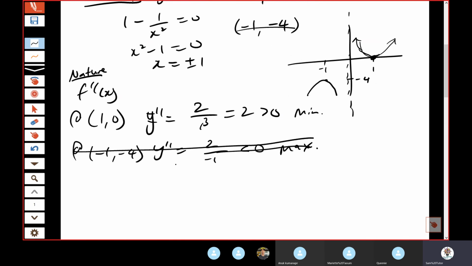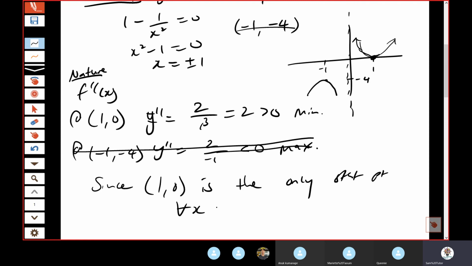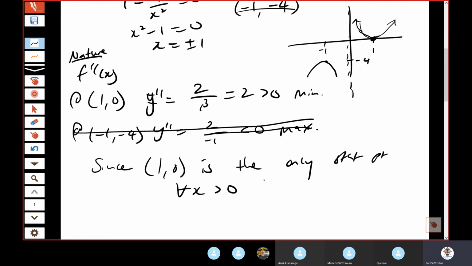And then since 1, 0 is the only stationary point for all x greater than 0, it is also the absolute minimum.